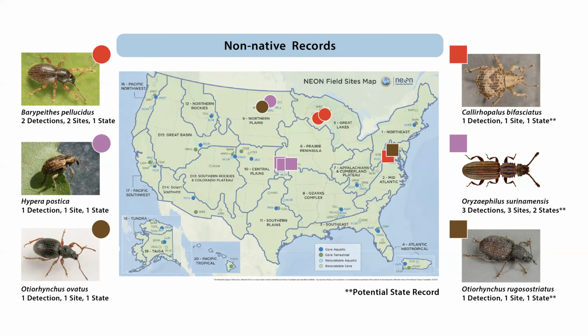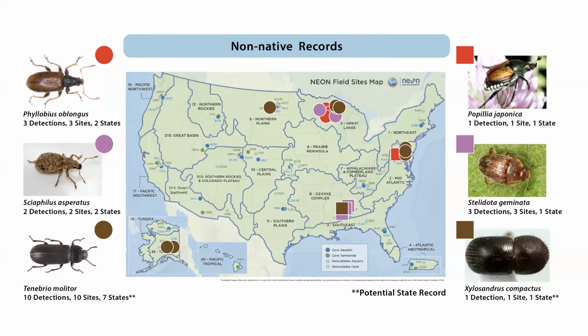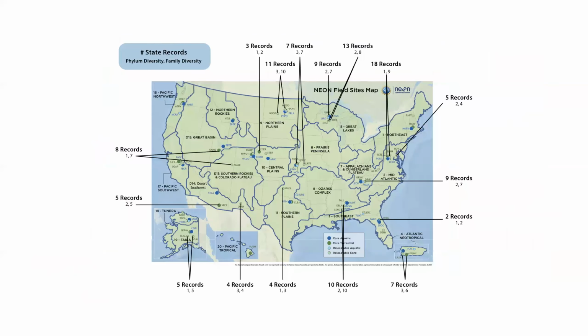This slide was created by Cam, and I don't know if it's random, but it seems that a lot of these are pests of strawberries. But this is giving a spatial understanding of where non-native things are being found. And I think that Cam only picked beetles for these slides.